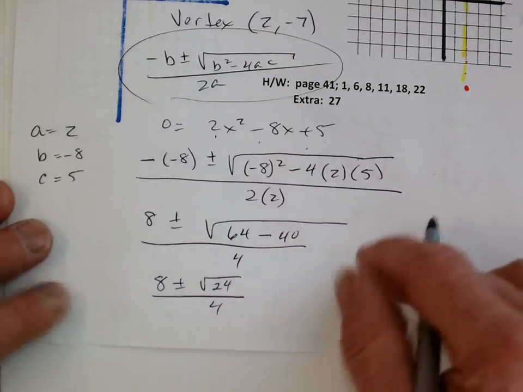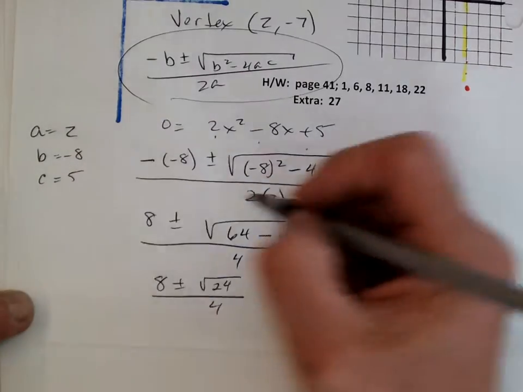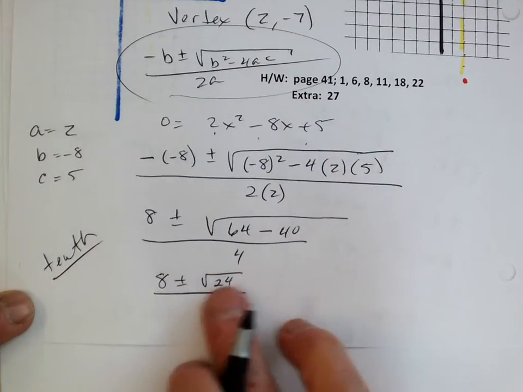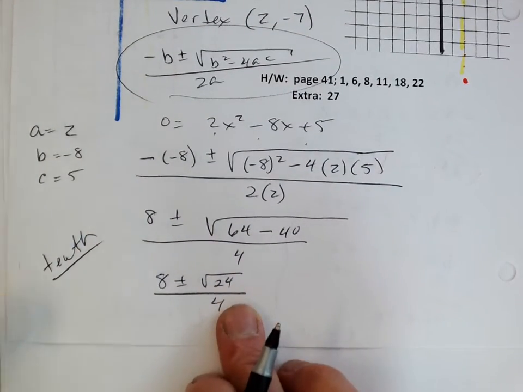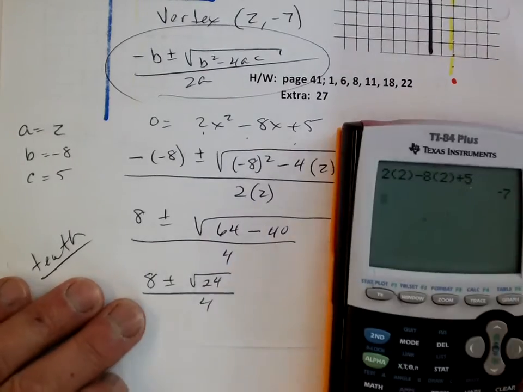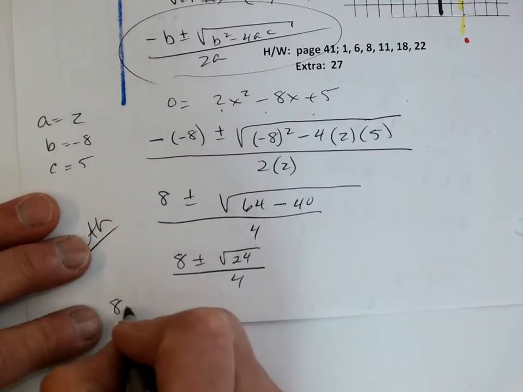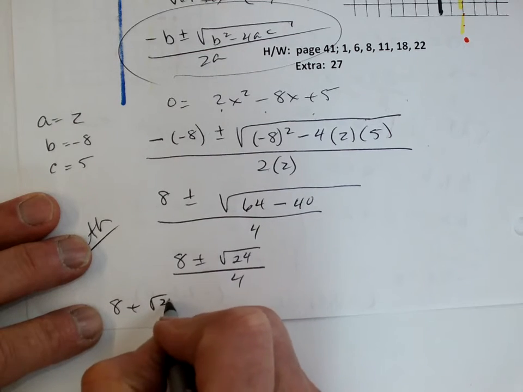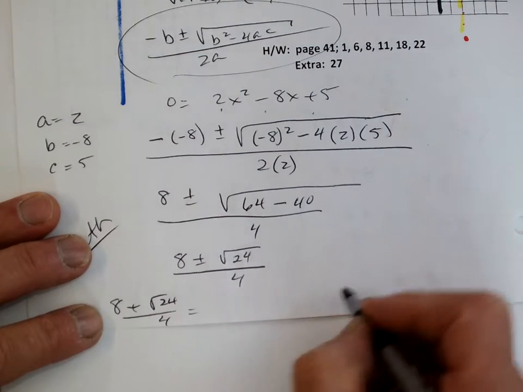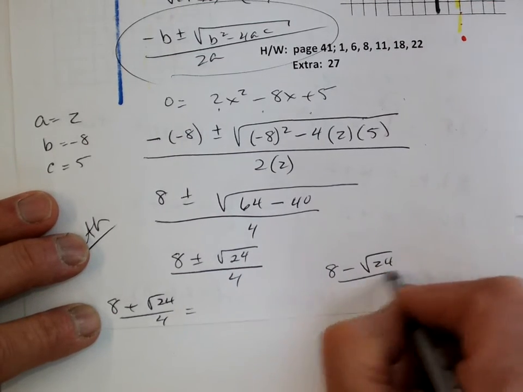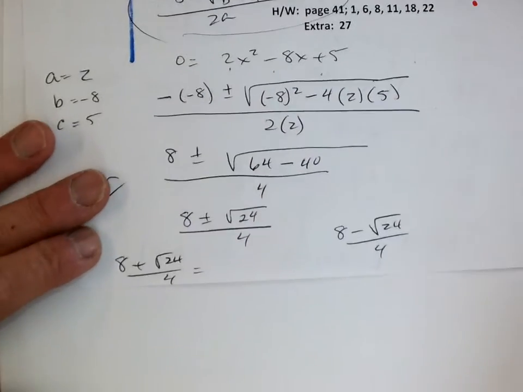So we're going to get a decimal answer. We're going to use our calculator, nearest tenth, okay, because I'm graphing. So I'm not going to reduce the square root of 24, okay? I'm going to actually find out what it is. So what is, you ready? I'm going to take my calculator. What is 8 plus the square root of 24 over 4? And what is 8 minus the square root of 24 over 4? I'm just going to use my calculator, okay?